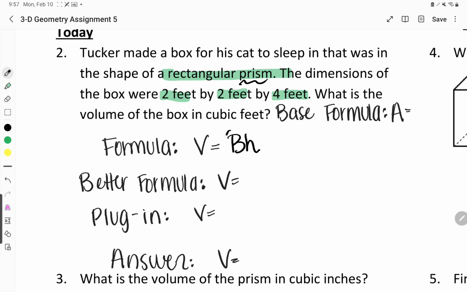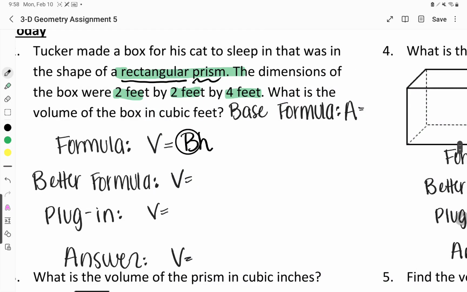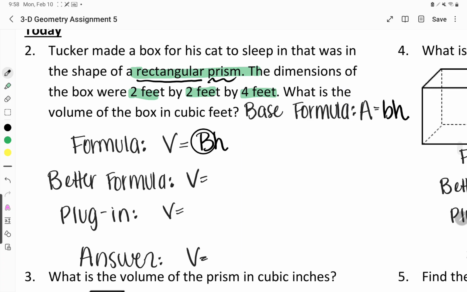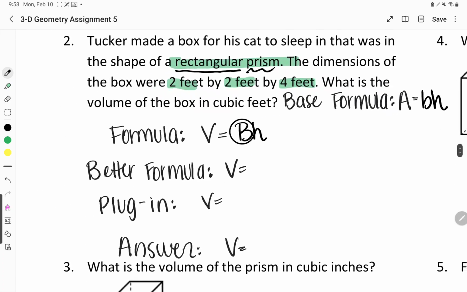Well, area of the base means that we have to go back and we have to find what the area of the base is. Our base is a rectangle. What is the formula for a rectangle? You should have found that the formula for a rectangle is base times height. So, how would I rewrite my formula to be better? I should have that the better formula would be base times height times height.